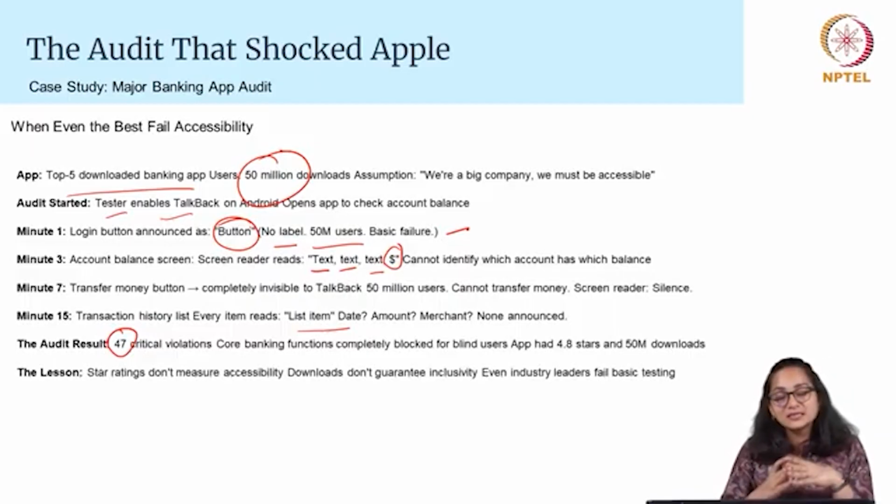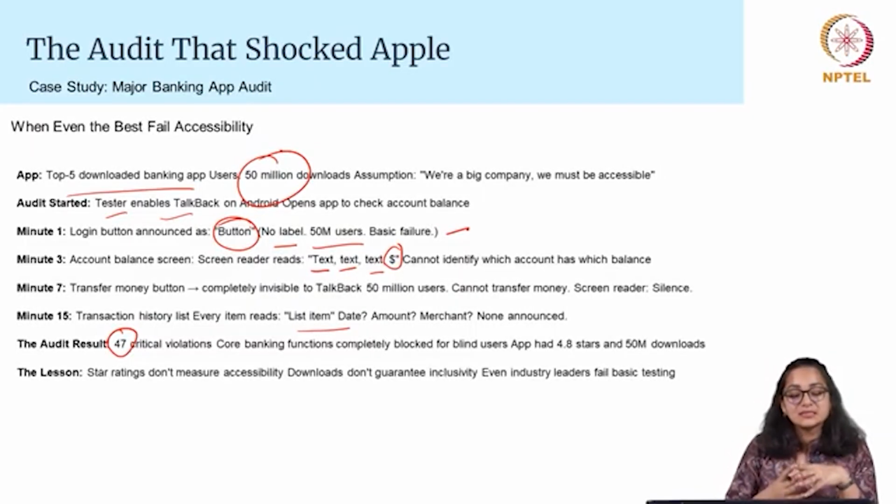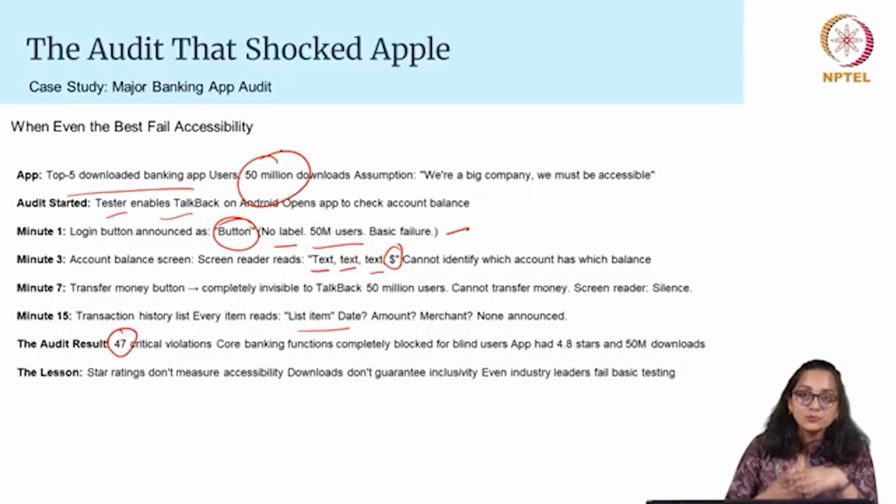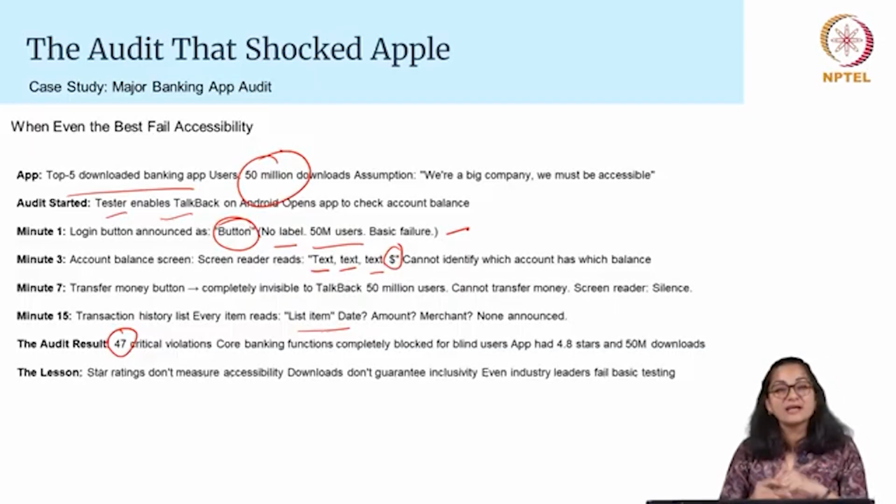So the lesson here is that star ratings don't measure accessibility, and the number of downloads doesn't guarantee inclusivity. Even industry leaders can fail basic testing.